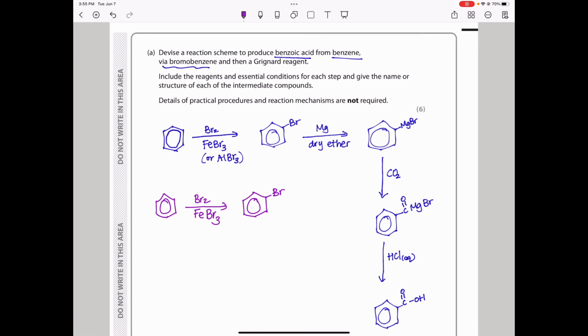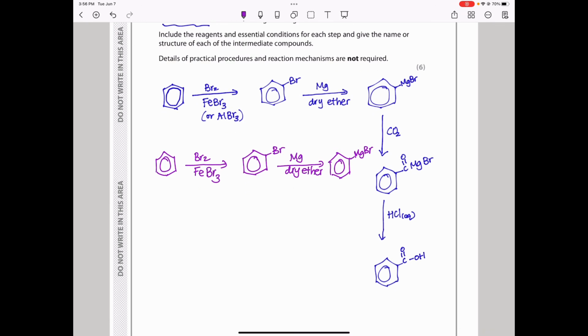After producing this, I need to make Grignard reagent. To make Grignard reagent, I need to use magnesium in dry ether. This combination is helping me to make Grignard reagent, which is going to be that with Mg first and Br next. Now, since we are looking at making benzoic acid, I need to use carbon dioxide.